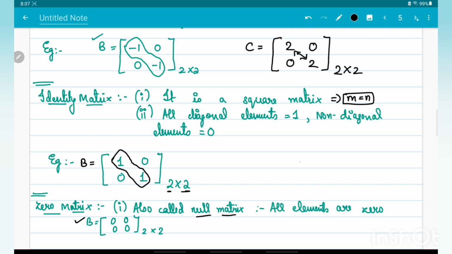Suppose I take one more matrix over here, C, with all 0s. Now this is not a square matrix, but all the elements over here are 0. So this is known as a 0 matrix. So in a 0 matrix, it is not important that it should be a square matrix, okay? So that is what a 0 matrix is. That is, all the elements should be equal to 0.